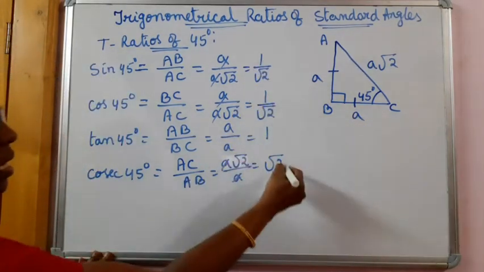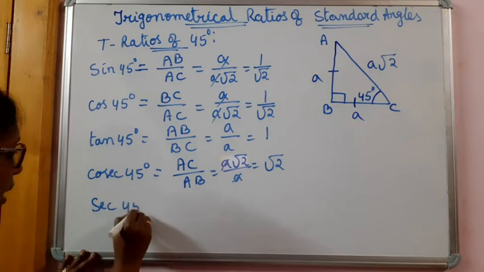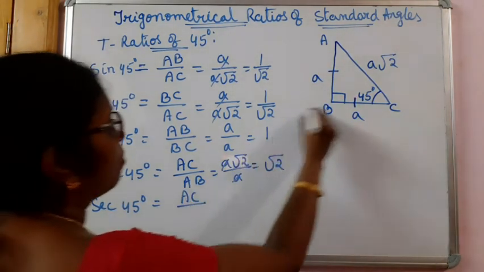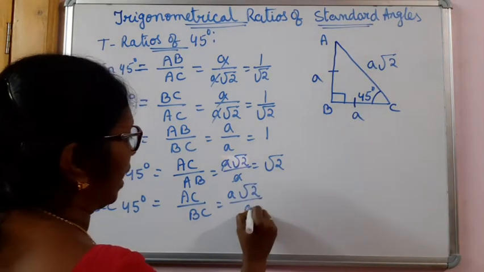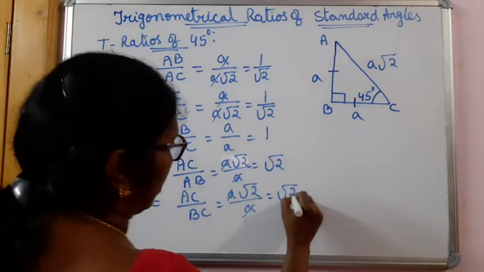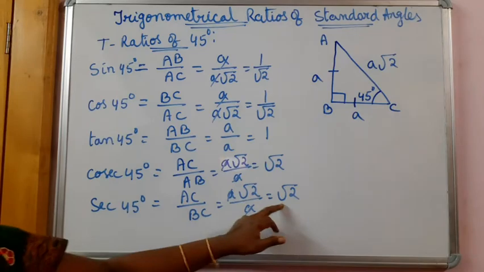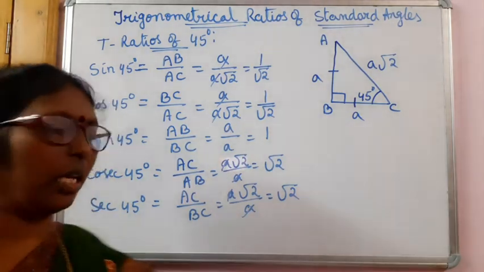Now we can see these two are reciprocal to each other. Now sec 45 degree is equal to hypotenuse AC by adjacent side BC. Same way, A root 2 by A, when A is cancelled, we'll get root 2. We know that cos and sec are reciprocal to each other, and that is what we found here.